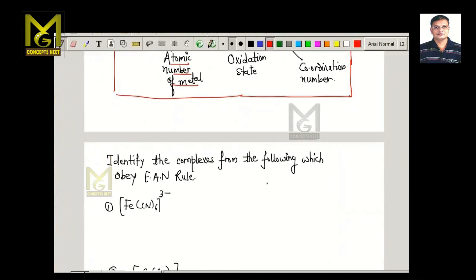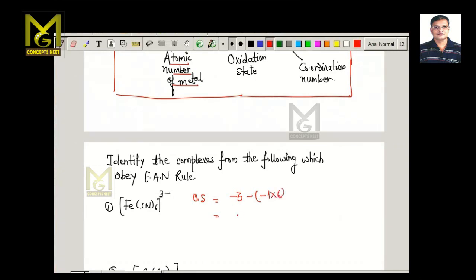Now if you look at these examples, the first example is this complex. What is the oxidation state? To calculate it, the oxidation state is the charge on the complex minus the charge on the ligands, that is minus 1 into 6.